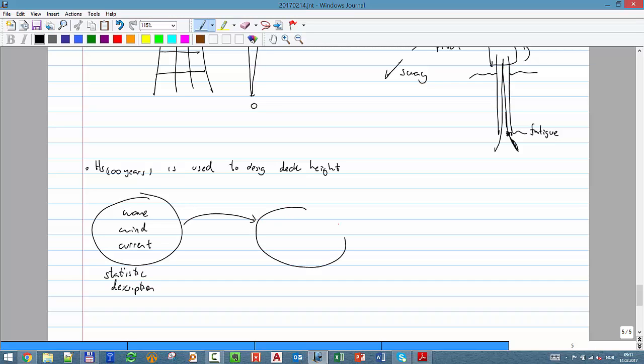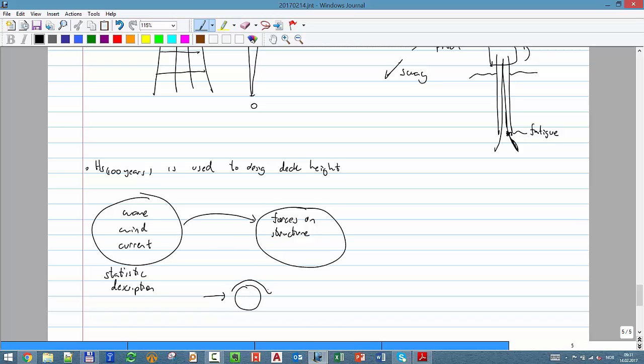And then you calculate forces on the structure. For example, currents, like the case we were discussing last time, you have a current impacting the bottom part of a spar.